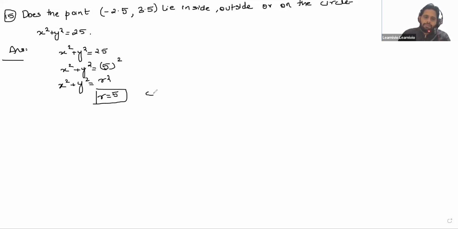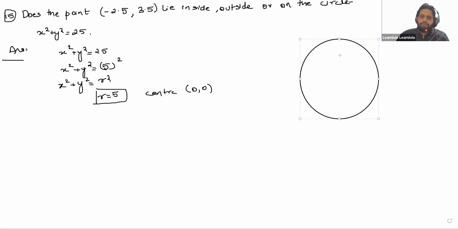And the center is at the origin, that is 0, 0. Now we have the circle: the center is 0, 0 and the radius is 5.